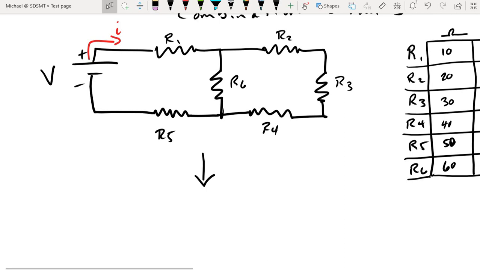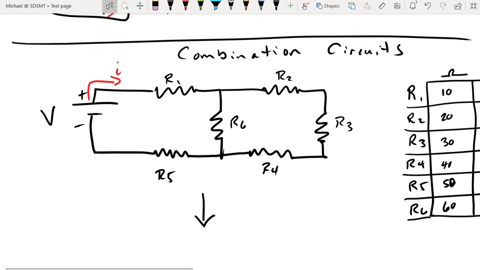This is where I see a lot of students make mistakes with their concepts. To start, some of them might look at resistor 6 and resistor 3 and say, oh, they're side by side, they're in parallel, let's combine those in parallel, except they're not.